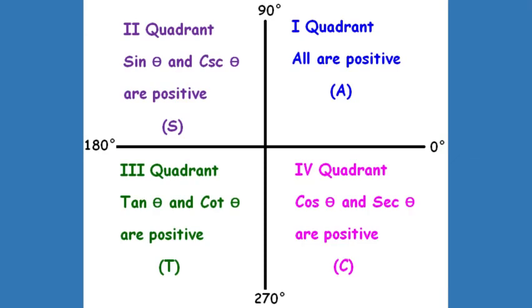So A stands for all, S stands for sine and its reciprocal cosecant, T stands for tan theta and cot theta, since cot theta is the reciprocal of tan, and C stands for cos and its reciprocal secant theta. So it's very easy to remember by using the phrase all students take care, right?